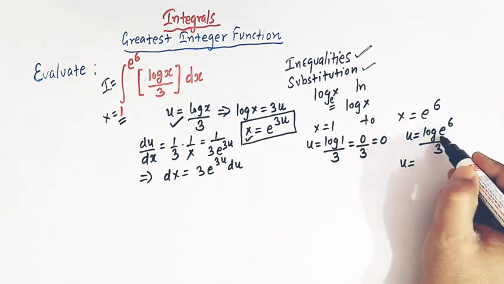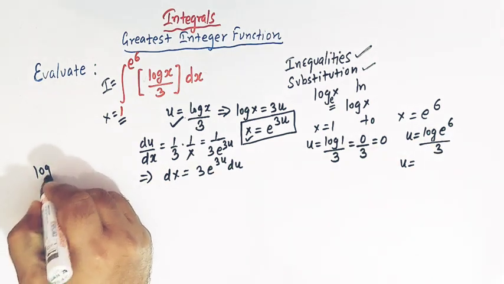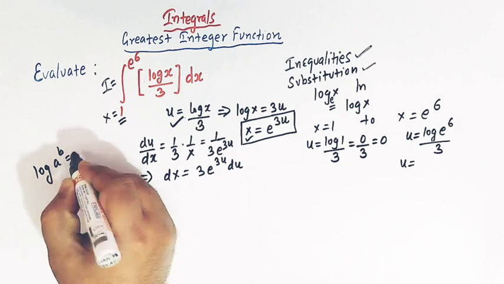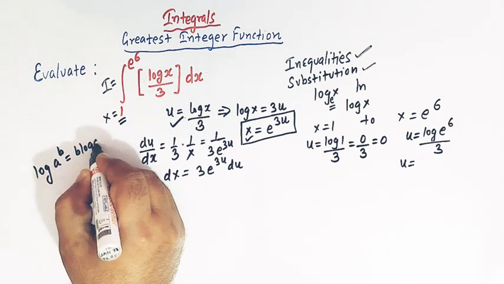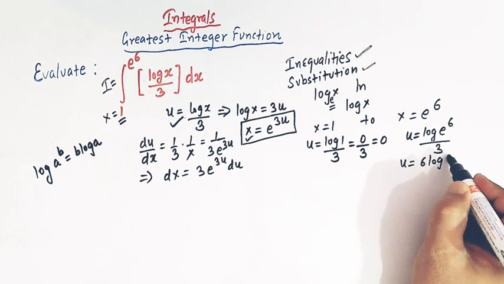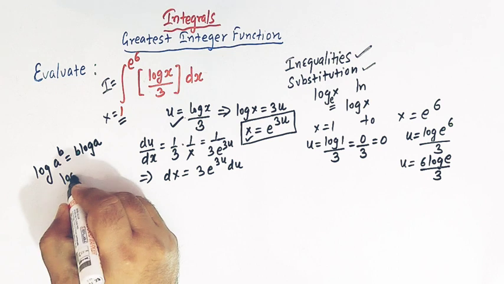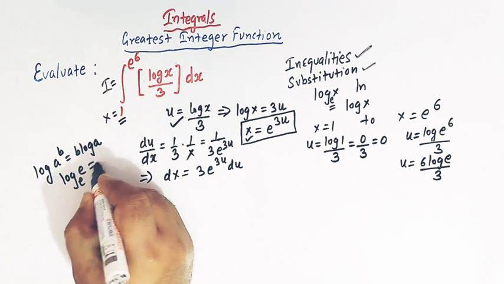From here we use the property of log, log a raised to b is b log a. So we have 6 log e divided by 3, and we know that log of e to the base e is 1.